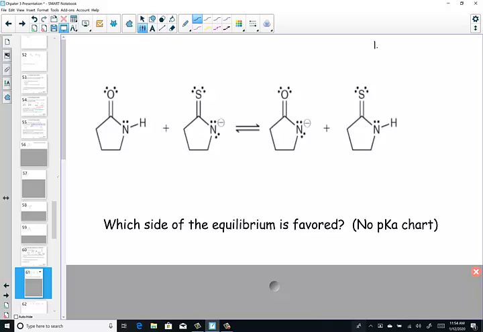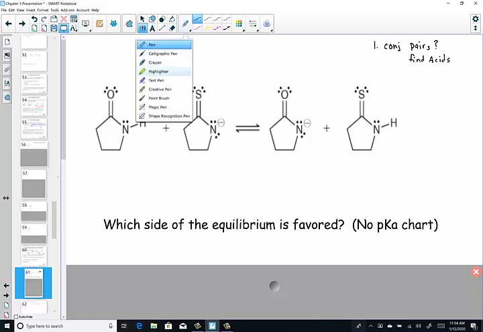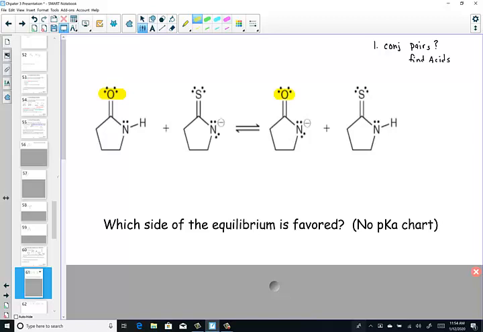And first of all, let's hook together the conjugate pairs so I can identify the two acids. So what are the conjugate pairs? We're finding the acids. So here I have a structure that has an oxygen. I'm just going to point out really something we should see. This oxygen forms conjugate pairs, and then notice here this is a sulfur, and those are going to be conjugate pairs. Everything else in this chemistry is exactly the same.